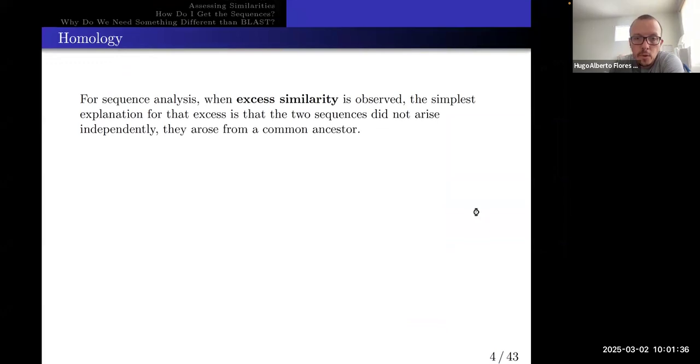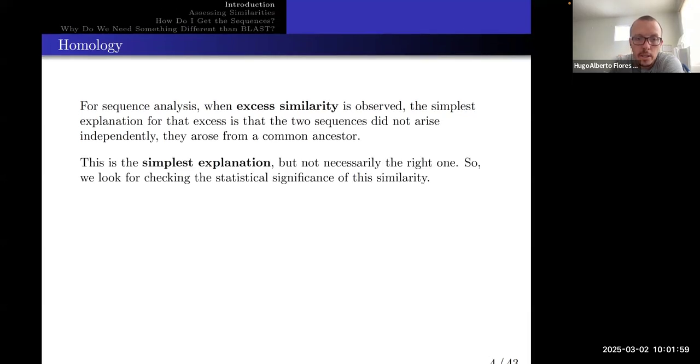Yeah. And for that, when you are analyzing sequences, if for some reason you can observe some excess of similarity, the simple explanation of that excess will be that these two sequences come from one common ancestor. Okay, this is a simple explanation. But simple does not necessarily mean that it is the right one.